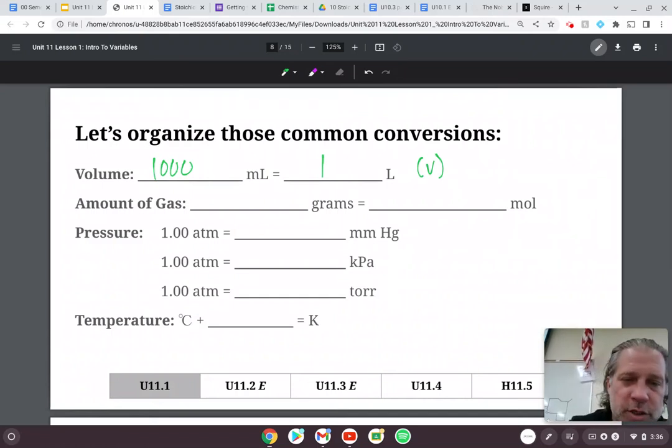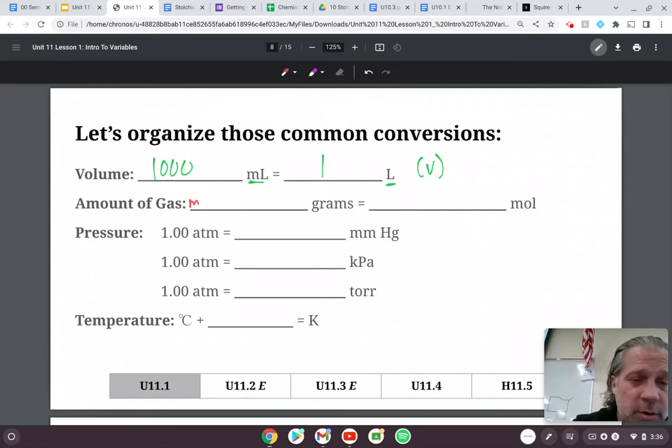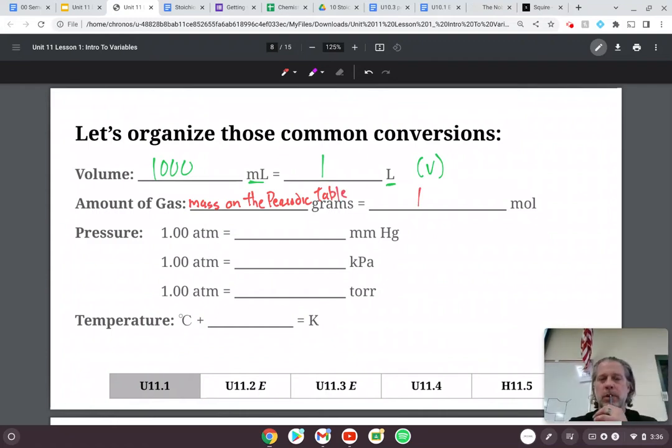Okay. Remember, these units here are going to be really important coming up shortly. Amount of gas is going to be the mass on the periodic table in grams equal to 1 mole. And remember, that is going to be n.